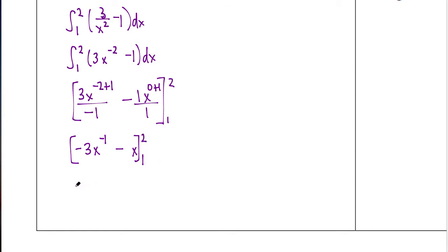So this ends up being negative 3, and we can just go ahead and put it back in the bottom, over 2 minus 2. So that's my upper bound, minus my lower, which will be negative 3 over 1 minus 1.